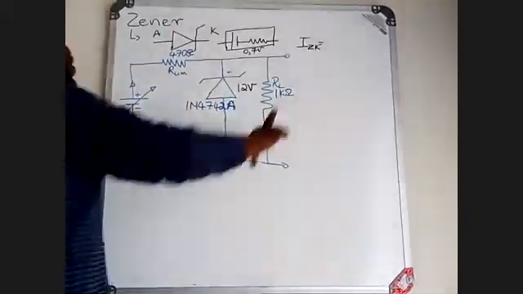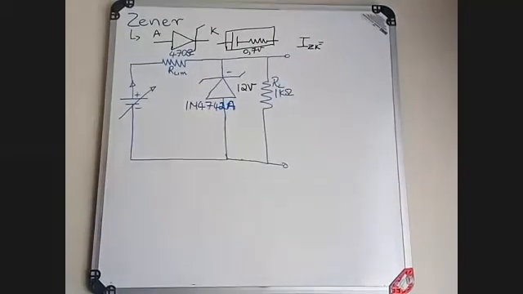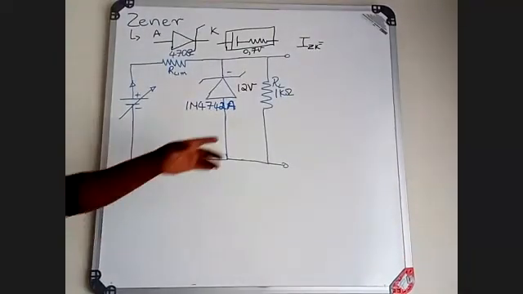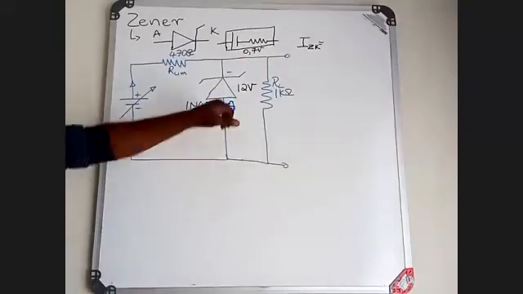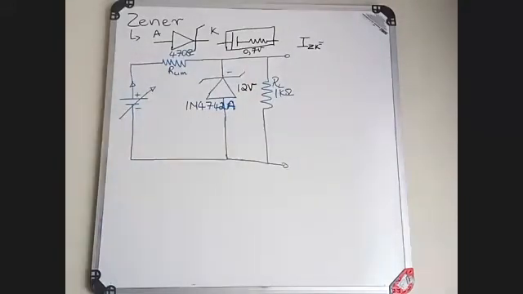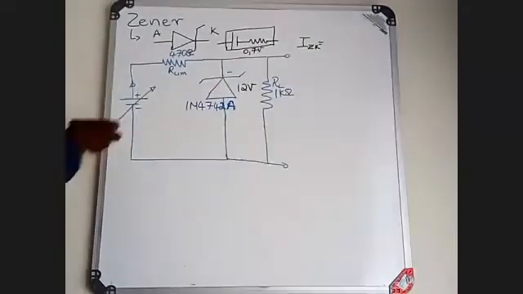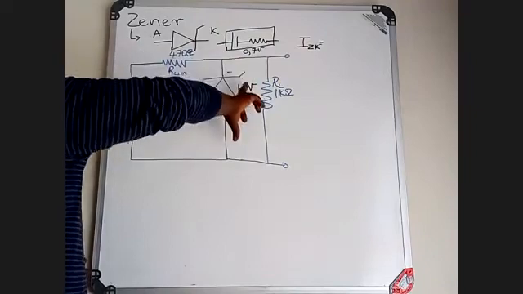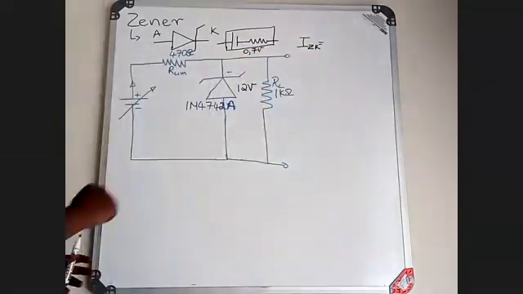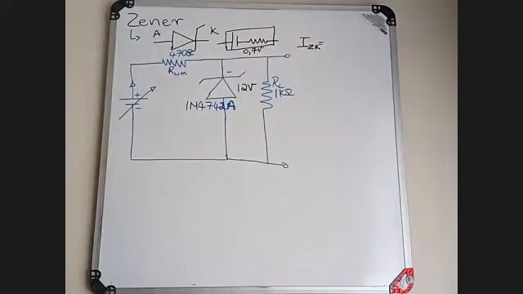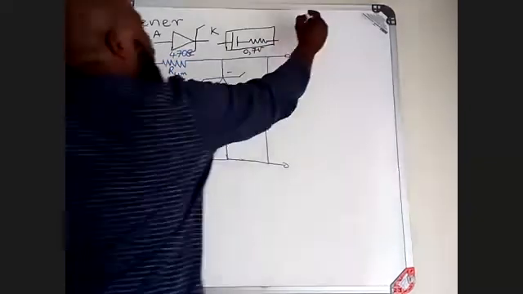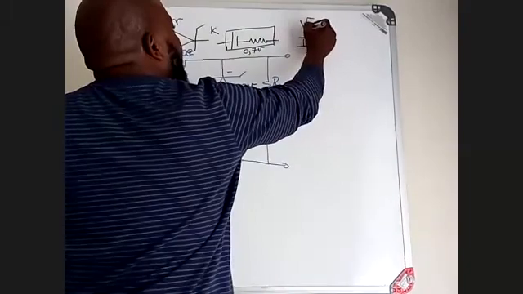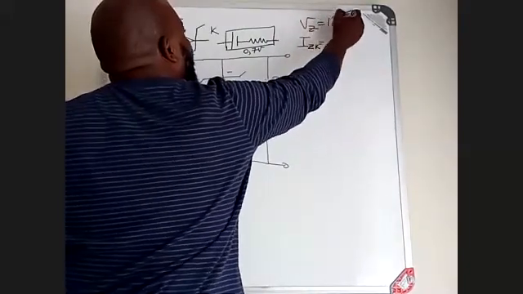This means the output voltage I can find must be 12 volts, so I will vary this input so that I can produce an output of 12 volts. That is your first parameter, your VZ, which is 12 volts.